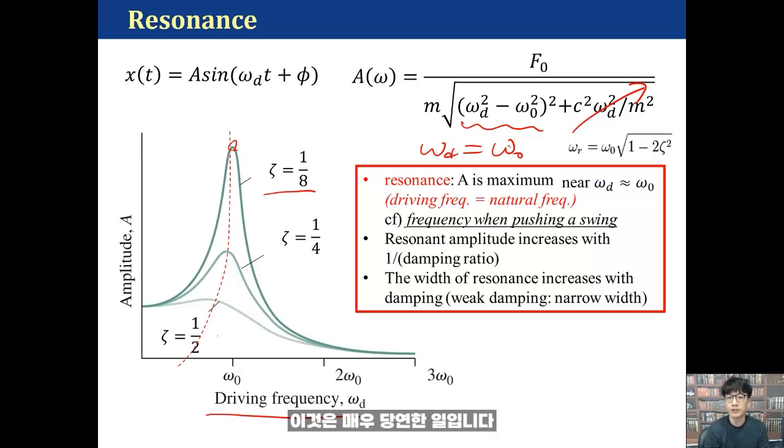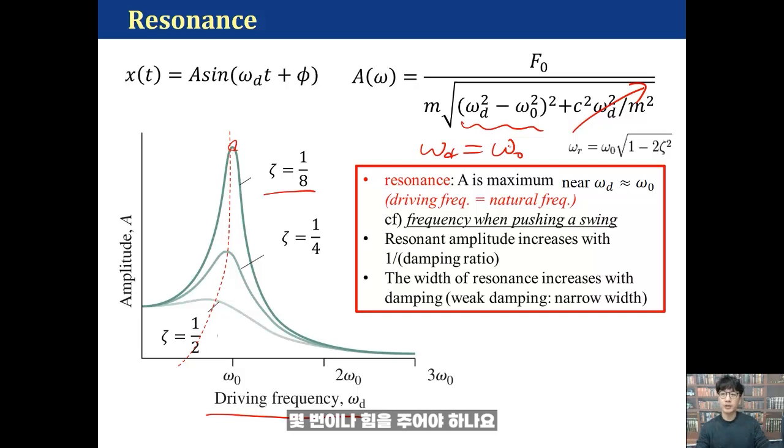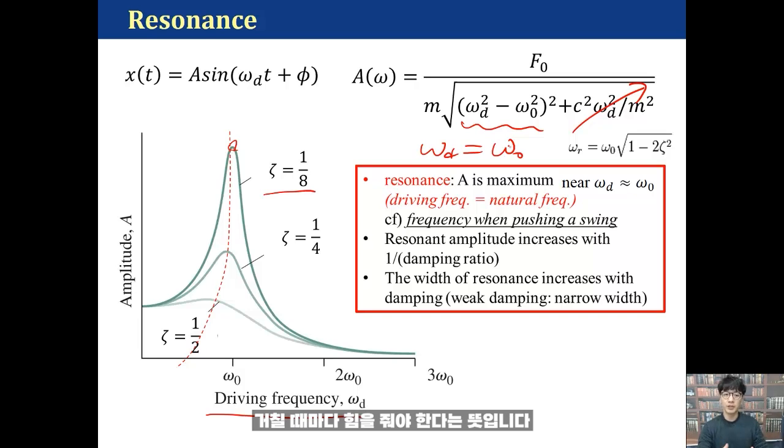This is very obvious. Again, think about the swing. When you ride a swing or your brother rides a swing, you want to increase the amplitude. You want to make him go higher and higher. How many times do you have to give force? Once per cycle. That means you have to give force every time your brother undergoes a complete cycle, which is the natural frequency of the system.